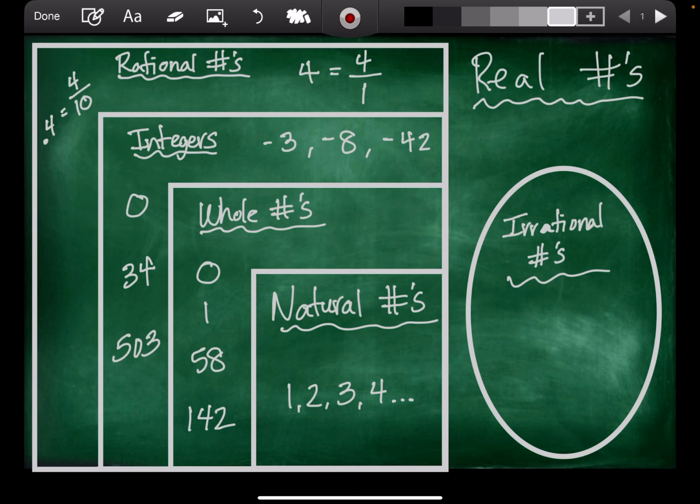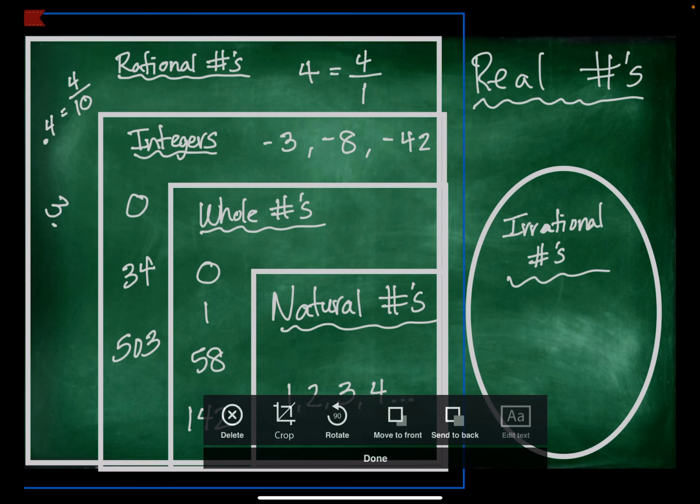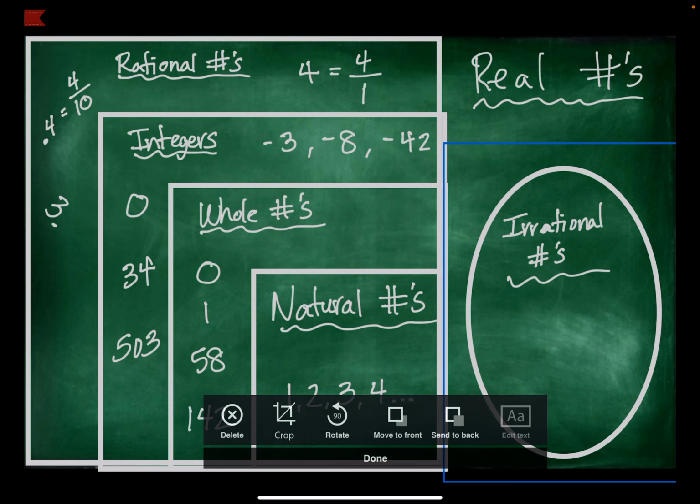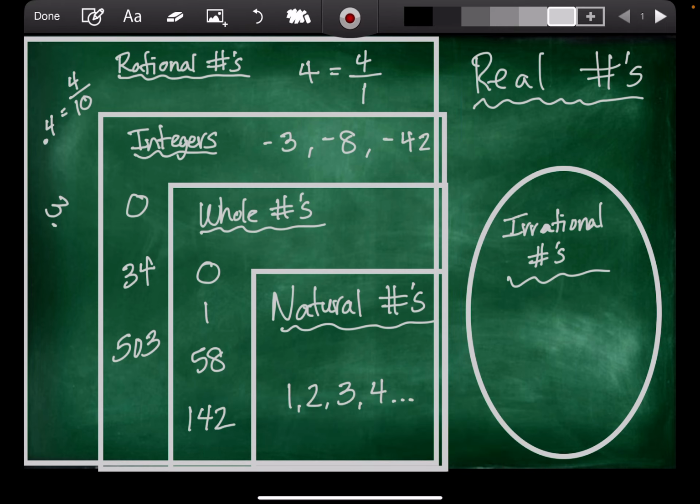Another one that can be tricky for rational numbers, and I'll write it kind of sideways here, is that you can have decimals that are repeating, like 3.2. Okay, so you can have something like 3.2 with the line over the 2.